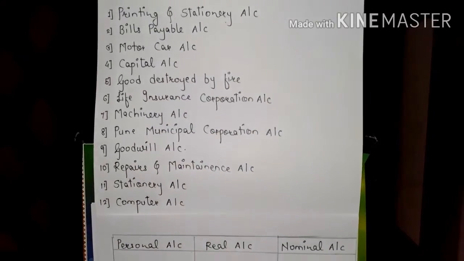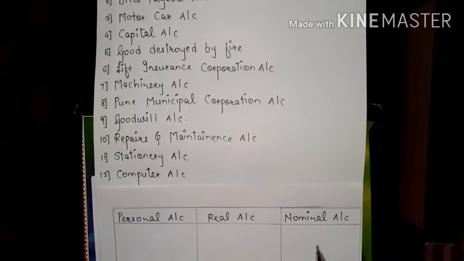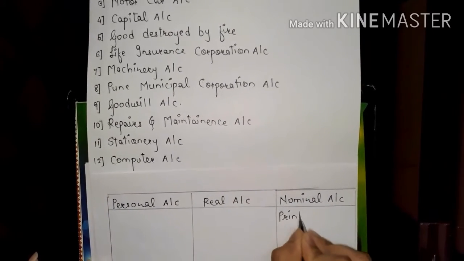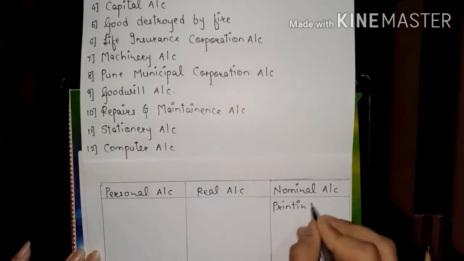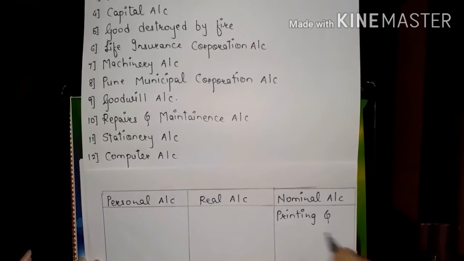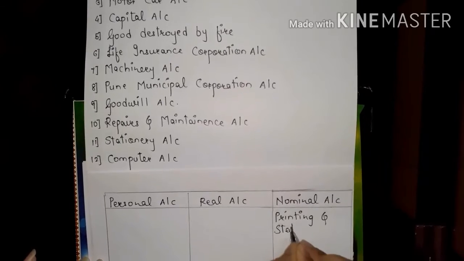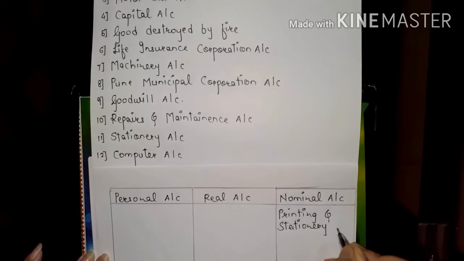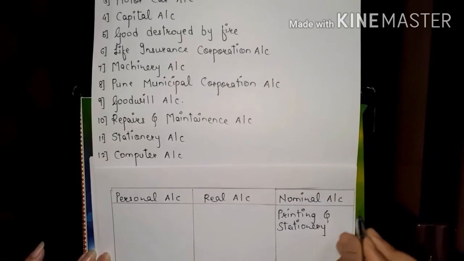So we will write here printing and stationery account, because this is our expense. This is always going to come under nominal account. All the expenses and gains we are earning fall under nominal account.